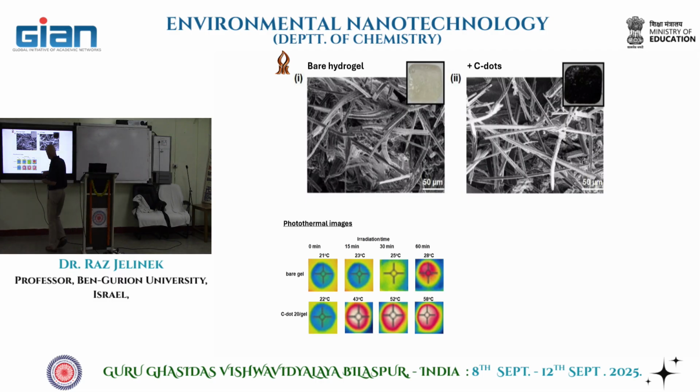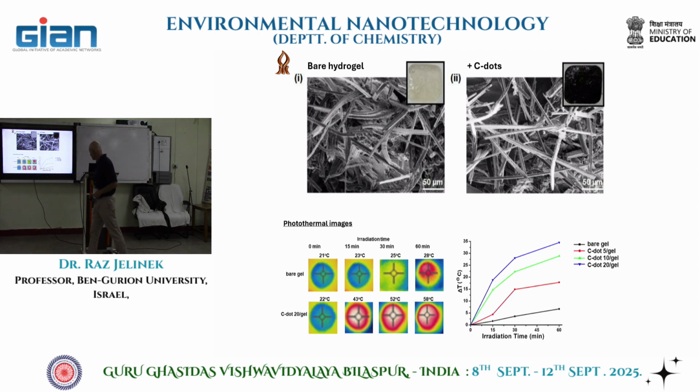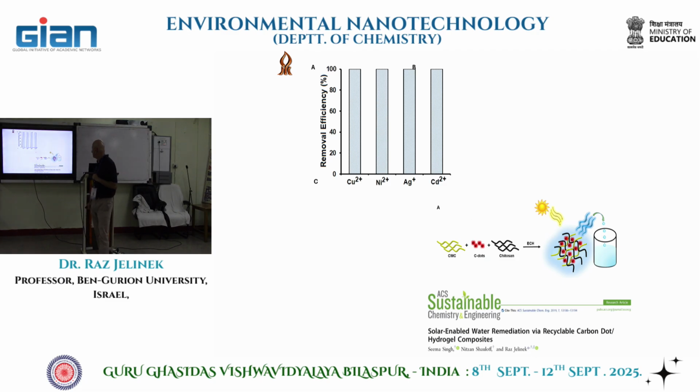Much higher temperature than this gel without carbon dots. What we see here, these colors compared to these colors, is exactly the photothermal effect of the carbon dots. They absorb light, they make heat, they heat the gel, and the water will evaporate. Okay? These graphs show you how the temperature is going up when you have carbon dots inside the gel.